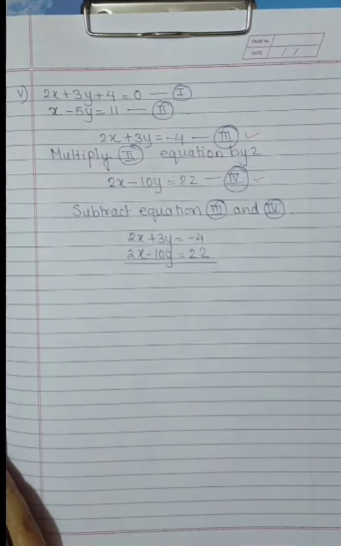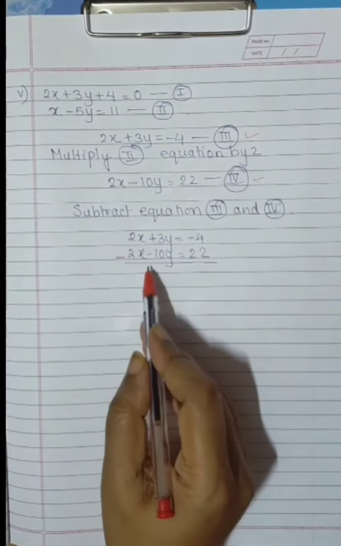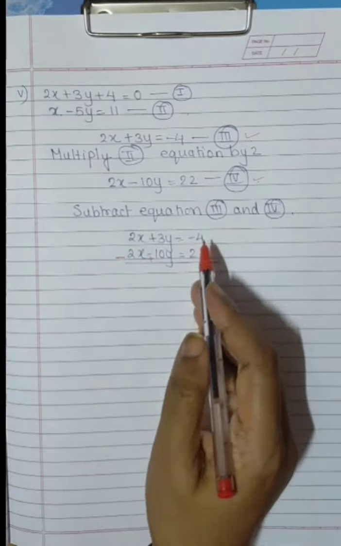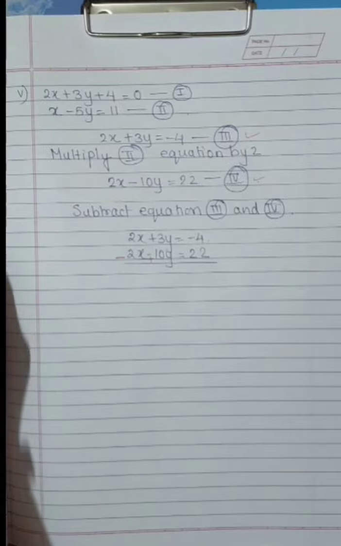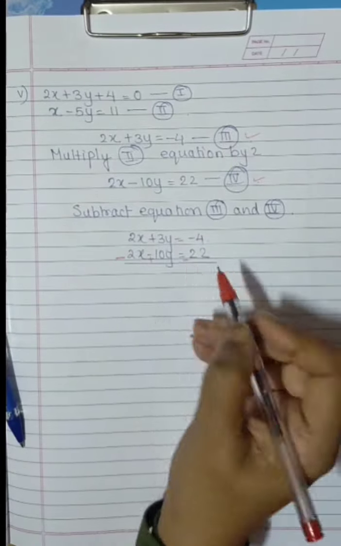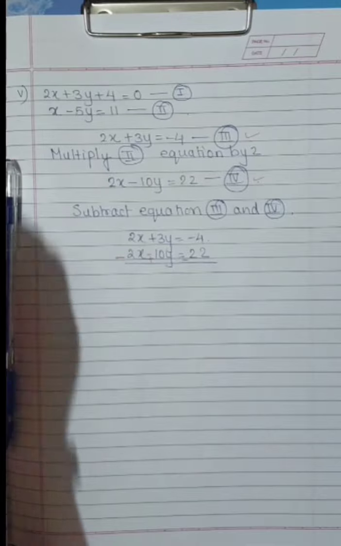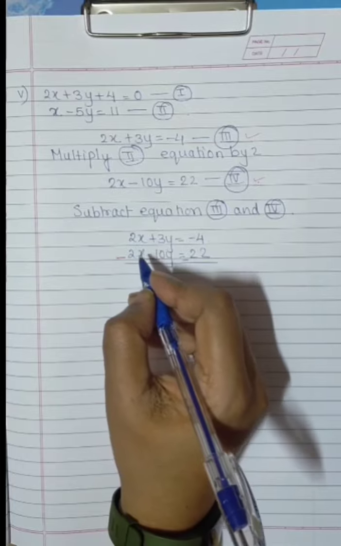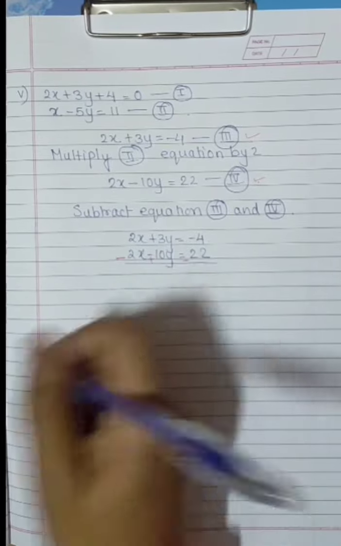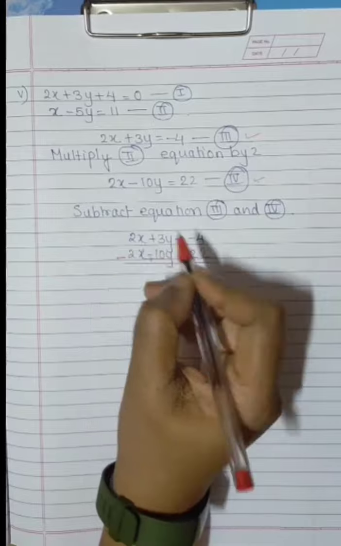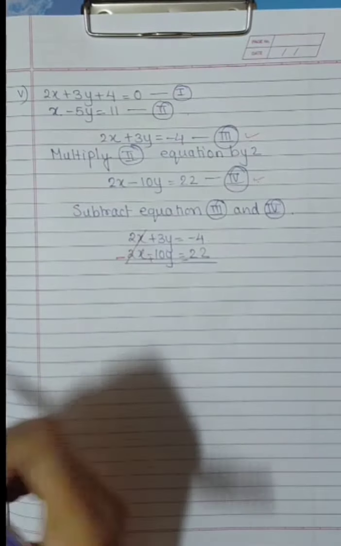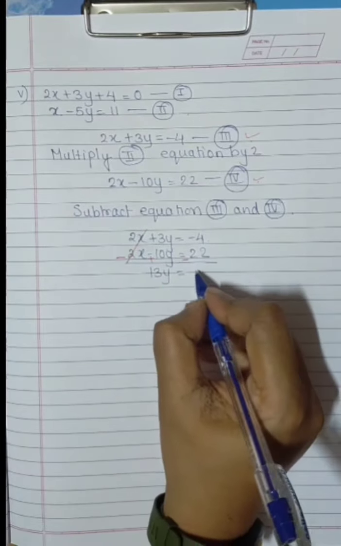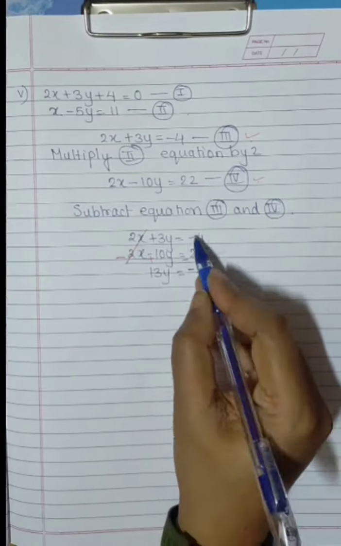The signs will be changed. Here plus 2x and minus 2x are going to be cancelled. What remains? This will become plus 13y equal to minus 26, because minus minus is plus.